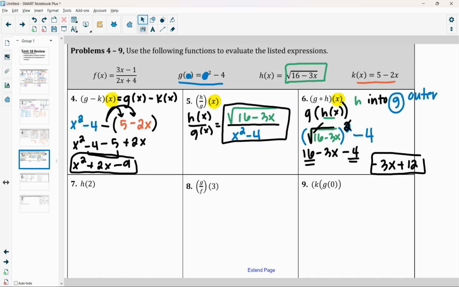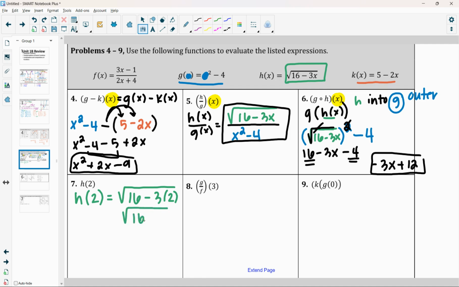So for number 7, we're plugging into the h function. So we're doing h of 2. So instead of x, we'll be putting a 2 in. So we have the square root of 16 minus 3 times 2. So the square root of 16 minus 6. So we end up with the square root of 10. So h of 2 equals the square root of 10.